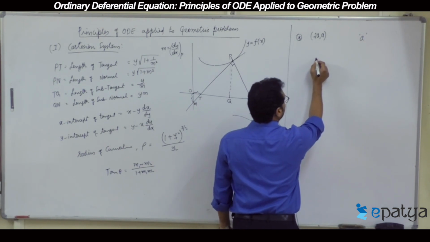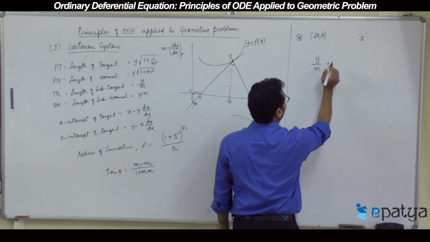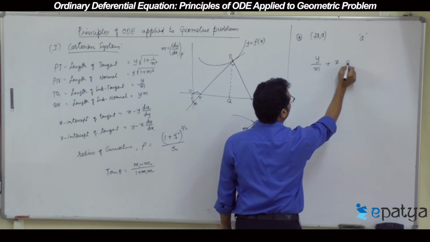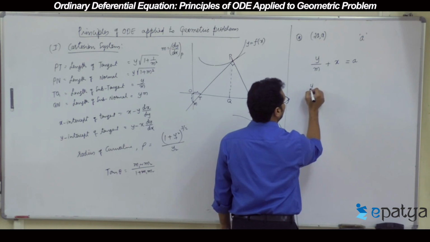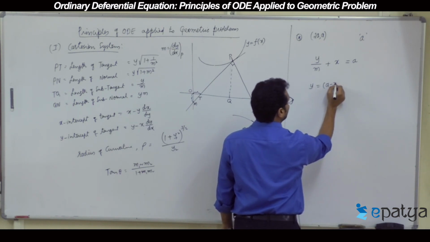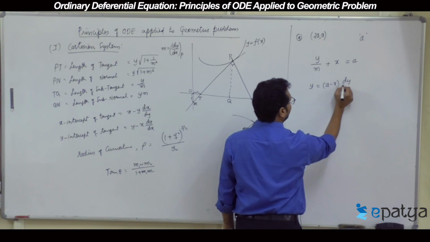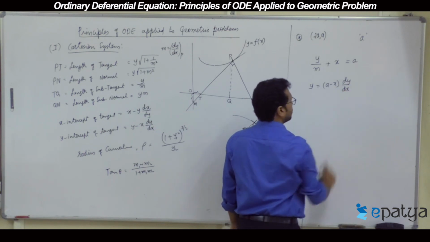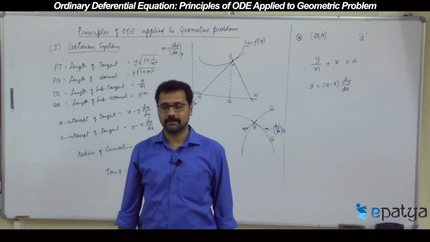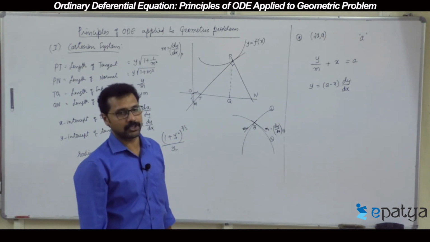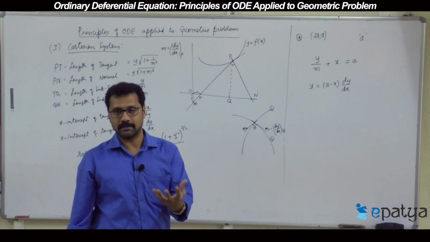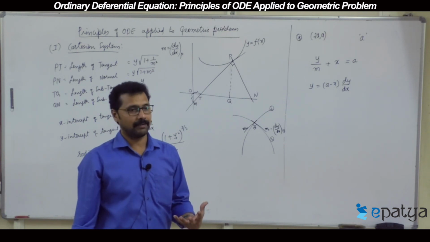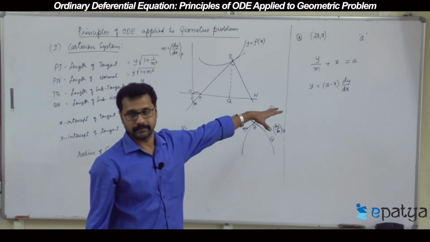The sum of the Cartesian subtangent y by m plus x equal to a, which in fact is y equal to a minus x into m, which is dy by dx, which gives me a first order and first degree ordinary differential equation.